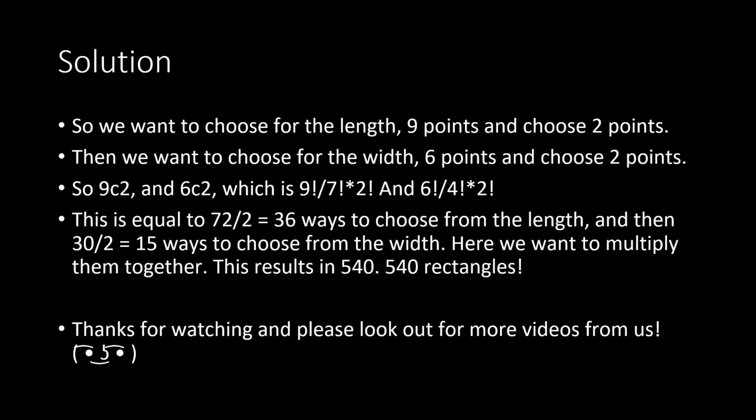For the length, we have 9 points, and we want to choose 2 points out of the 9 points. So what we have to do is 9C2, and for the width, 6C2, because there are 6 points. But isn't there supposed to be 8 and 5, because it's an 8 by 5 rectangle?